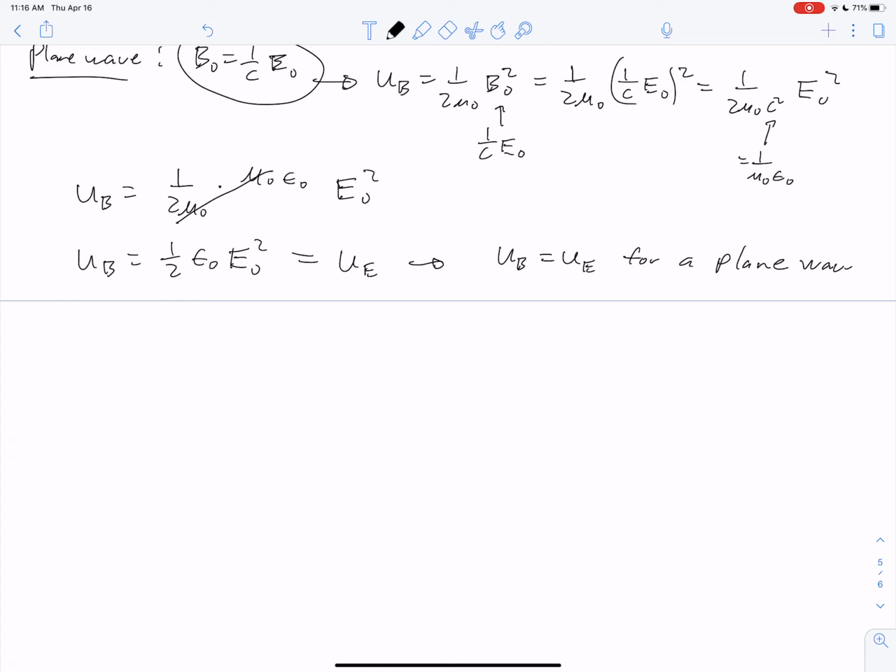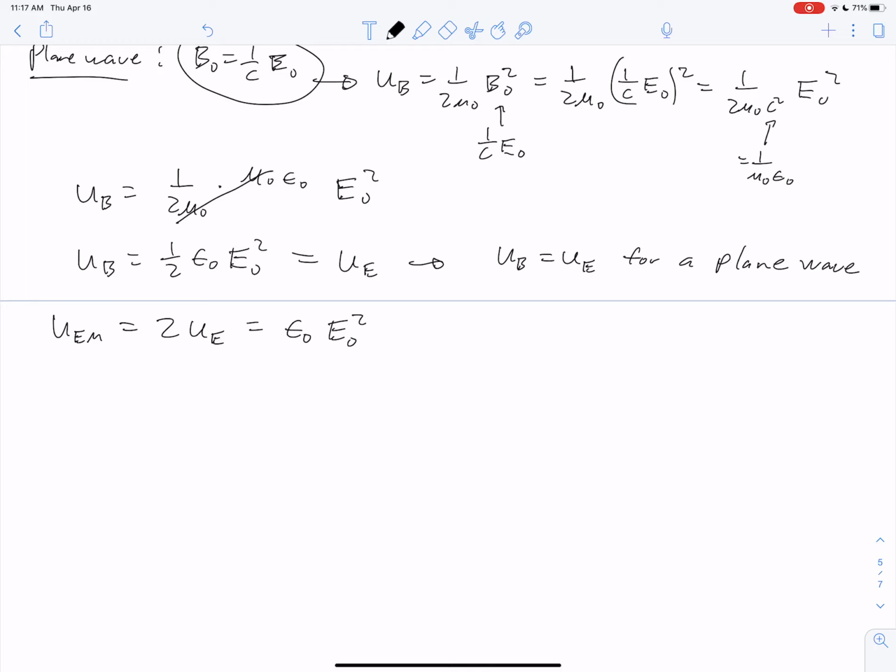And so that means that the total electromagnetic energy density of the plane wave is equal to twice the electric field energy density, which is simply equal to epsilon naught E naught squared.